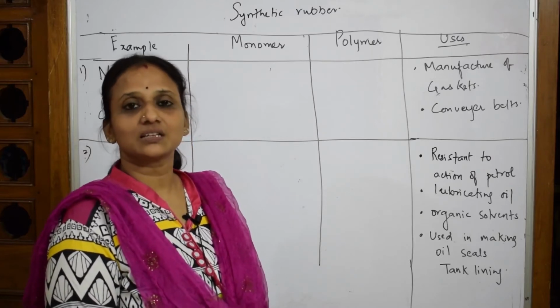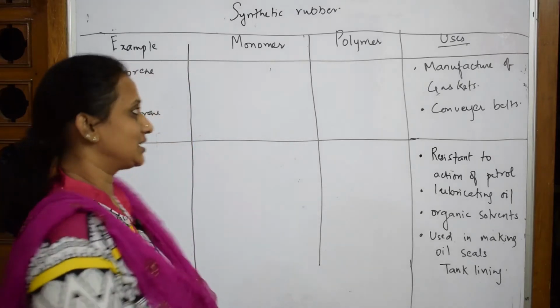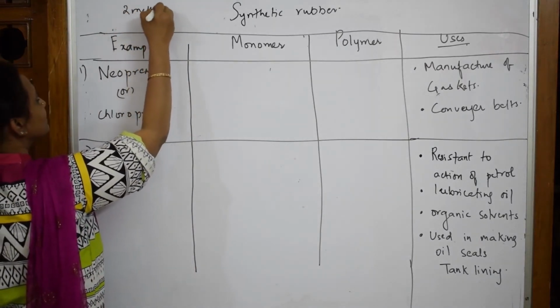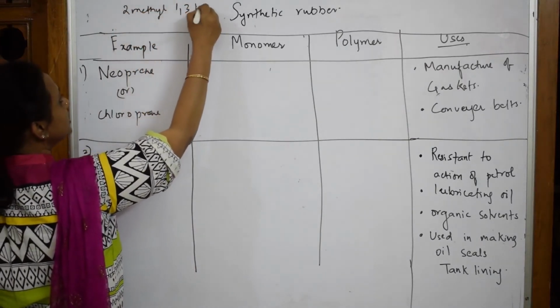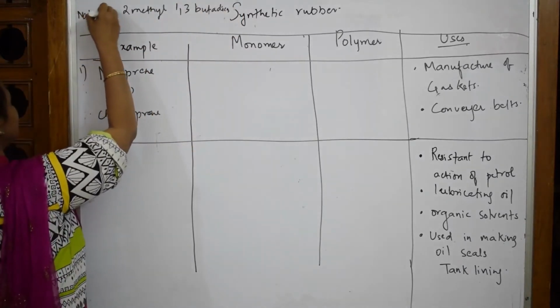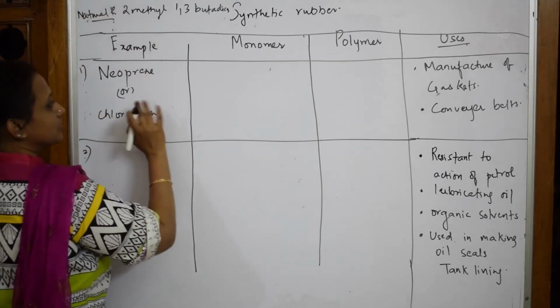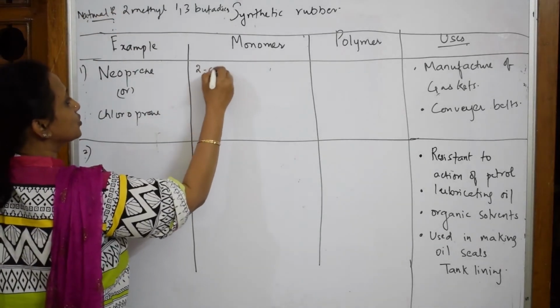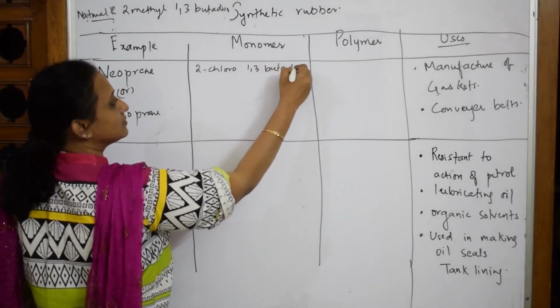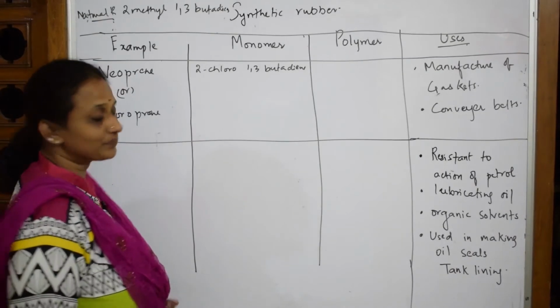Once again, natural rubber is 2-methyl 1,3-butadiene, that is what you have studied. Now synthetic rubber is 2-chloro 1,3-butadiene. That's the monomer.